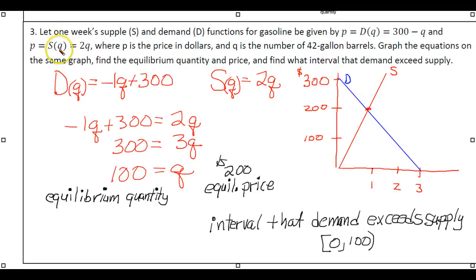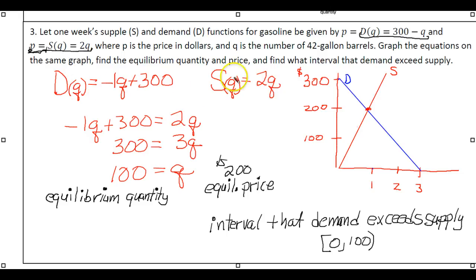In example 3, we see let 1 week's supply and demand function for gasoline be given by this one for demand, which I've set up this way, and this one for price, which I've set up this way.